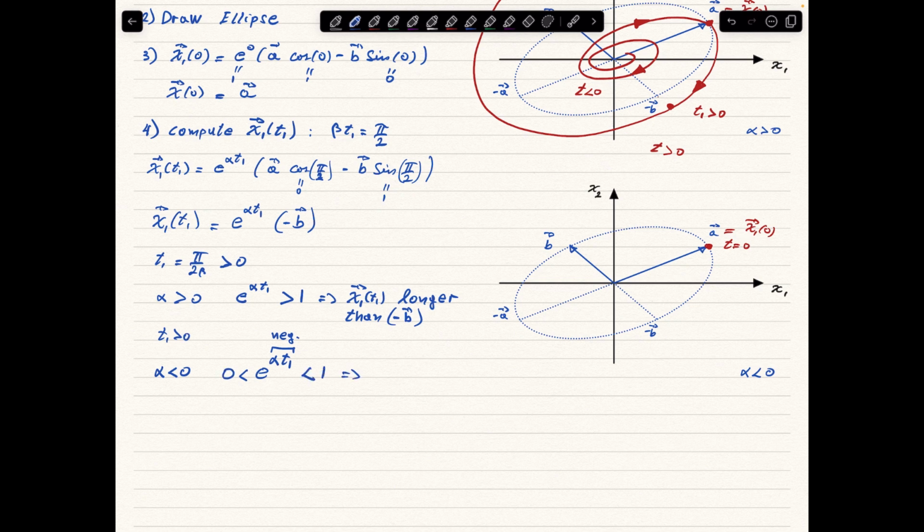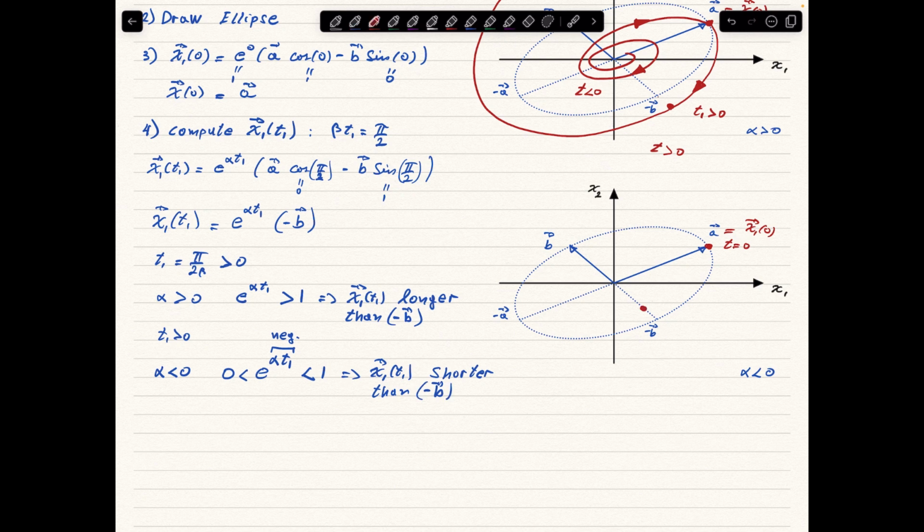And that implies that in this case, x1 of t1 is shorter than negative b. Shorter than negative b means somewhere here.